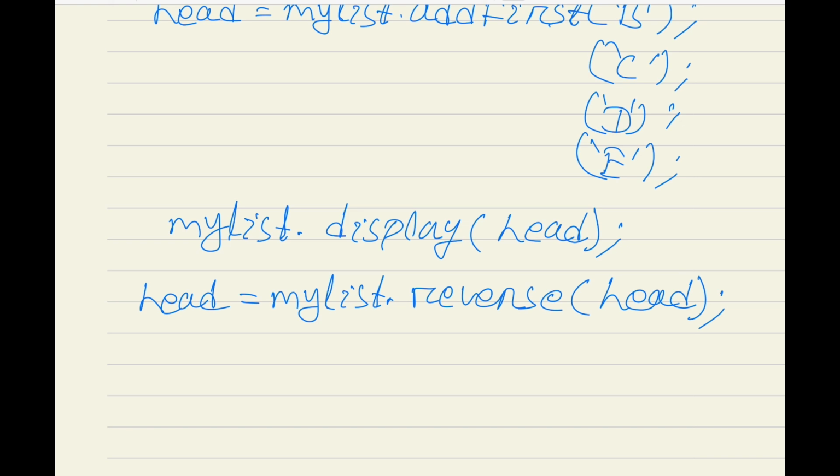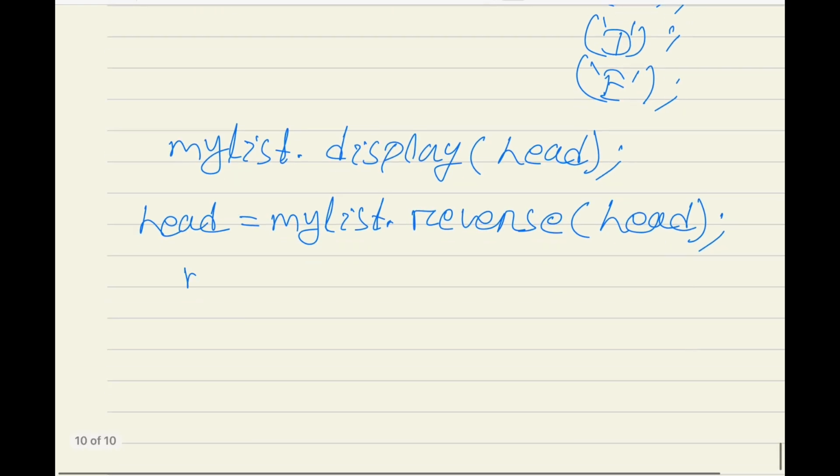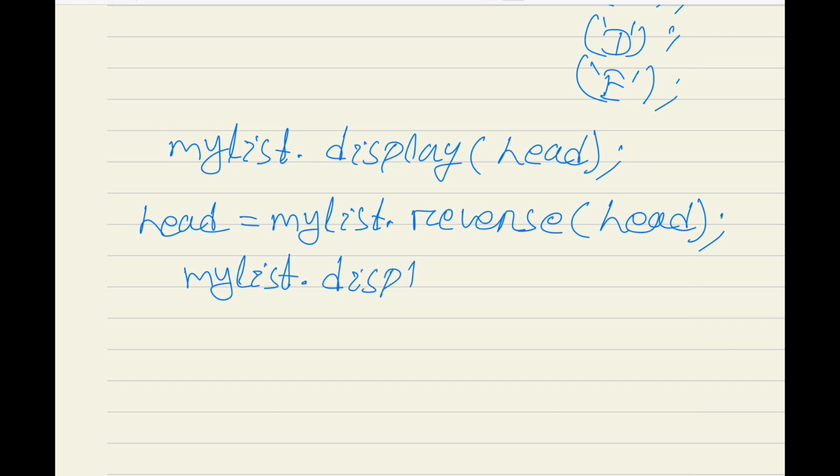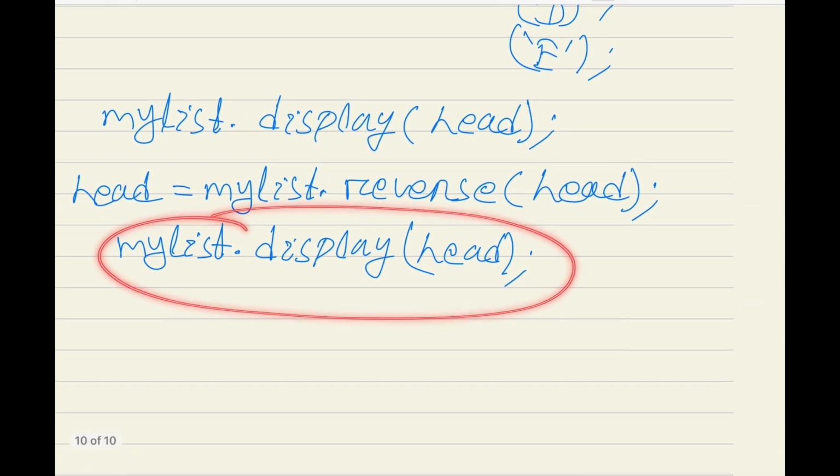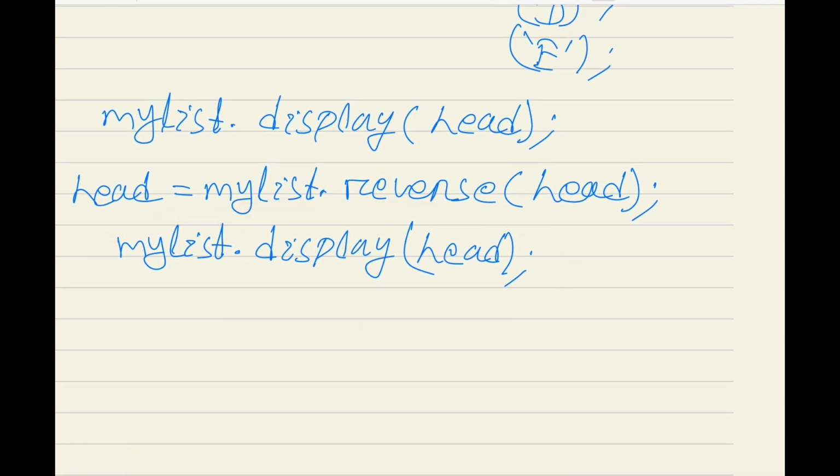So it is taking the argument head and returning an object, or you can say it is going to return the updated head. So next we can write mylist.display(head). So this is going to print the elements of the linked list.